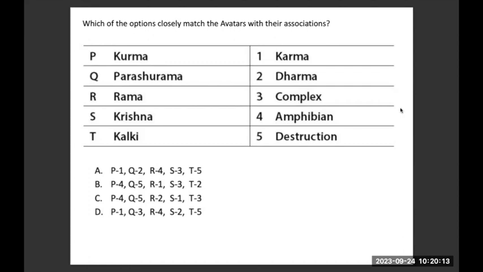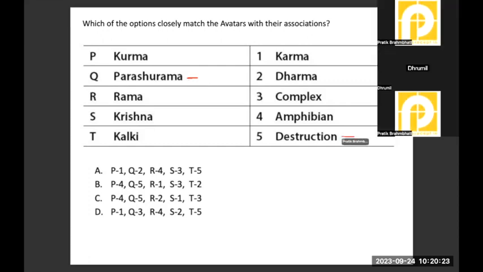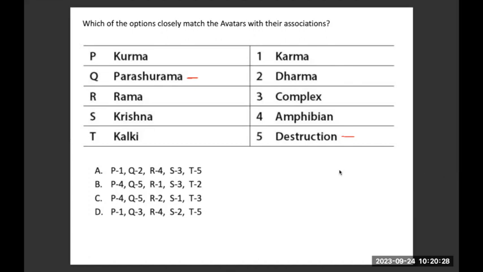Yeah, Trisha, wrong answer. In this case, I'll tell you the process. I knew that Parshuram is often associated with destruction. So I say Q has to be with 5. The option where Q is with 5 is B or C. Between B and C, I will then guess P and P4.